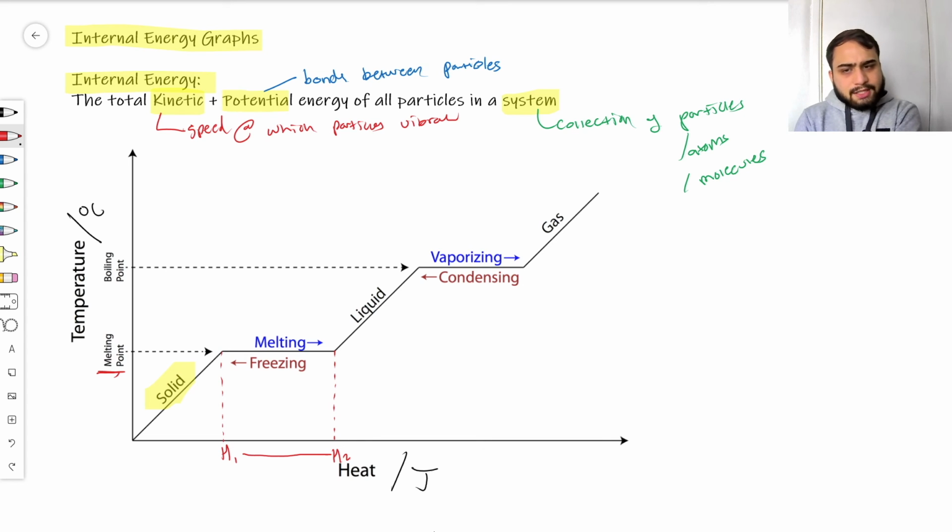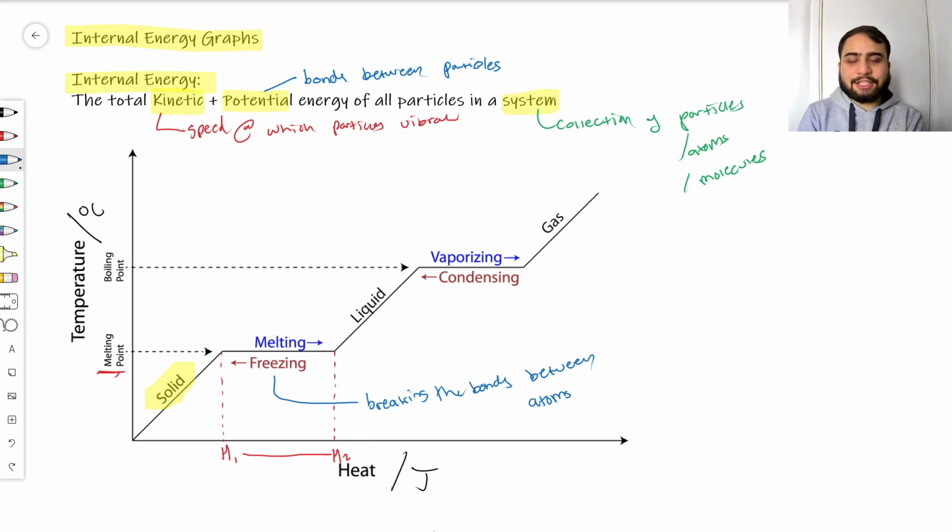Why? We're supplying in more heat, but the temperature of the substance isn't increasing. Where's all of our energy going on here? So all of our energy here goes into breaking the bonds between atoms or molecules really, but we'll just stick to atoms here just so it simplifies everything for us.